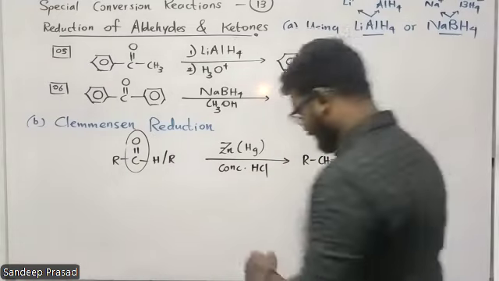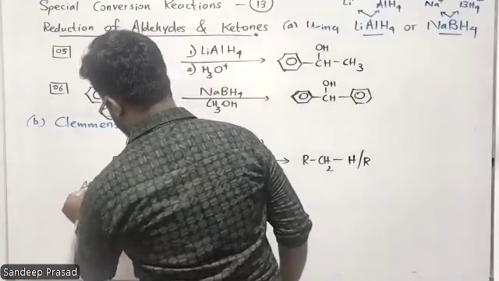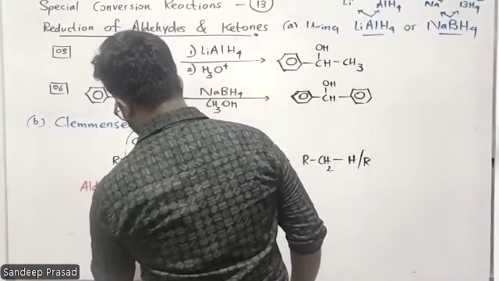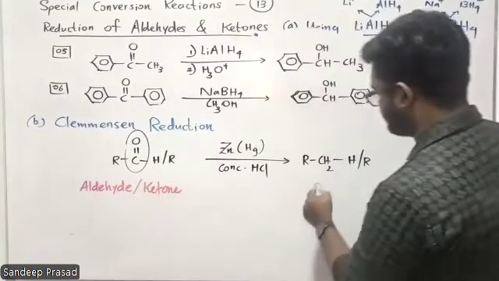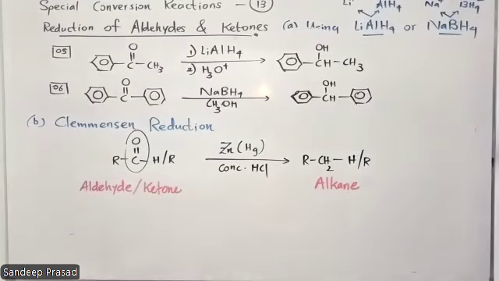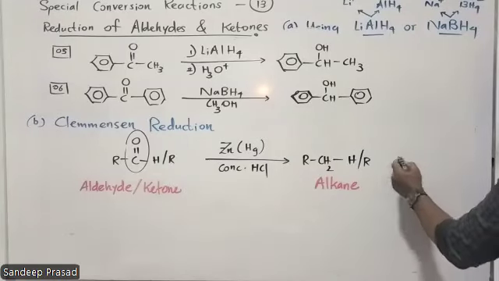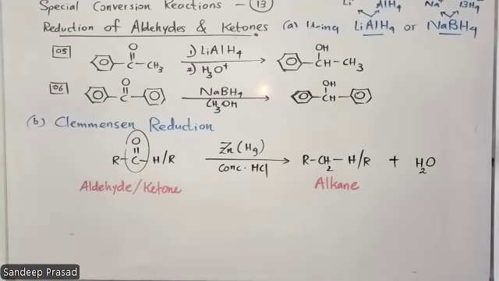Right? Aldehyde or ketone, in the Clemmensen reduction, is converted to an alkane. Okay, so that's what happened in the Clemmensen reduction. Here, the byproduct is water.